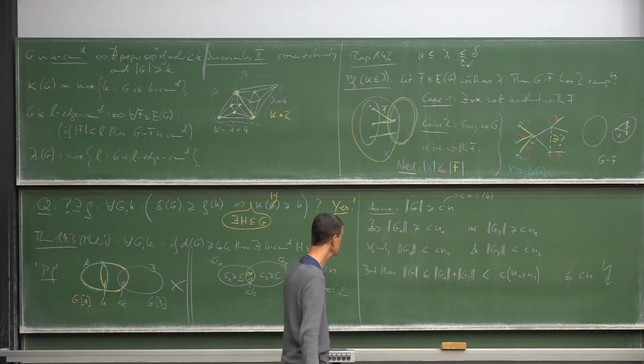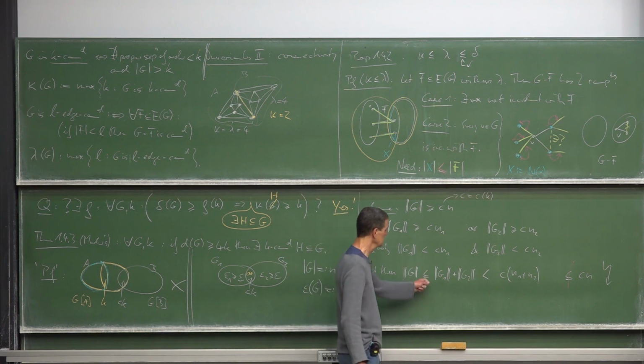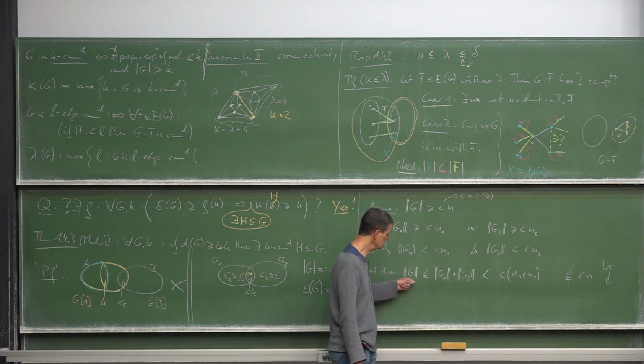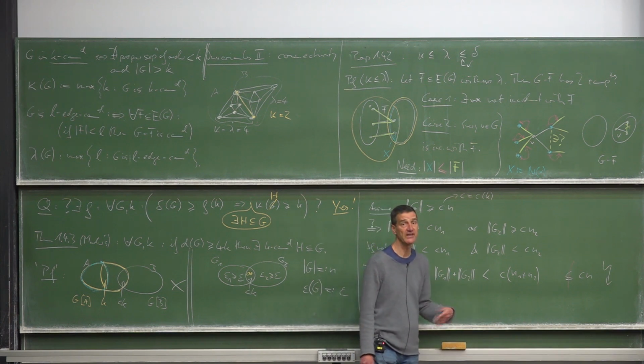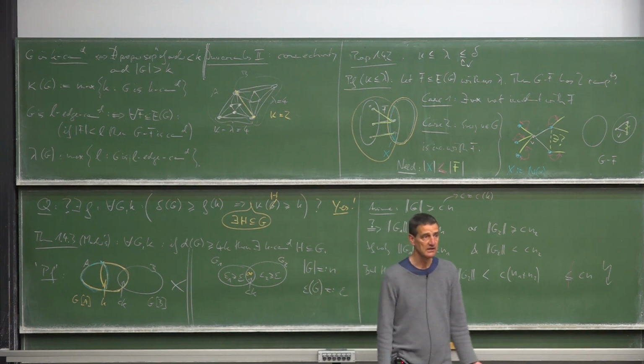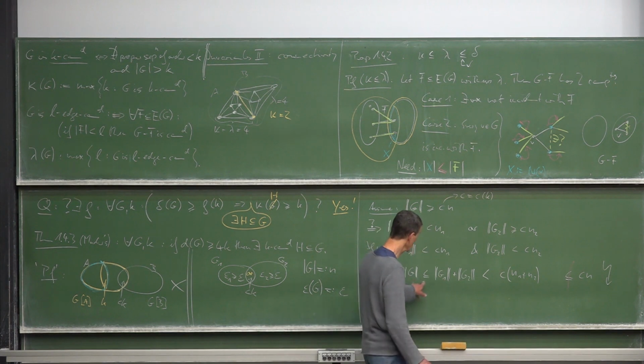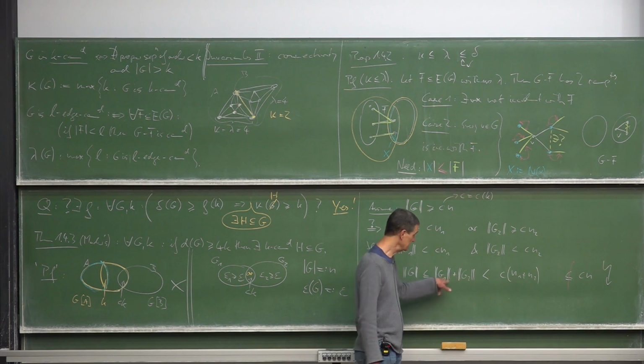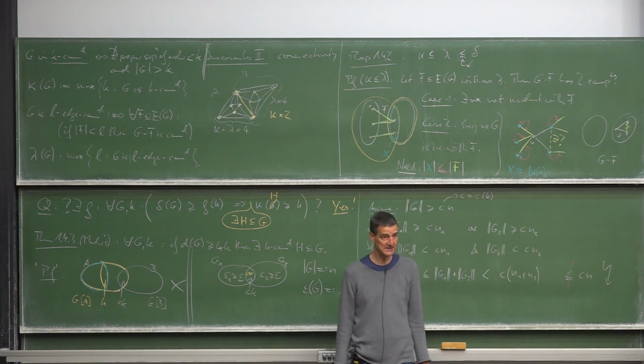Well, here's a place. We were very generous with this inequality. All right, so we said G has no more edges than G1 and G2 together. Yes, obviously not. But this might actually be a lot smaller than this sum here, because this sum also counts the edges in the intersection twice.